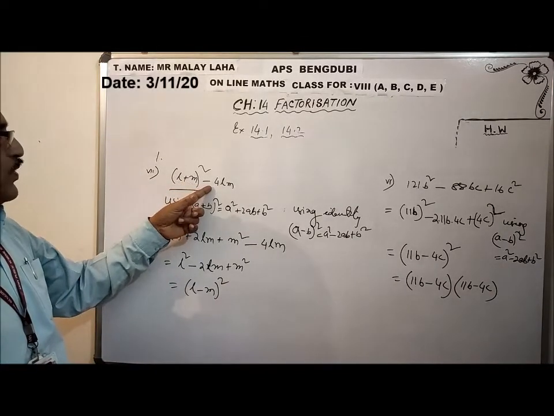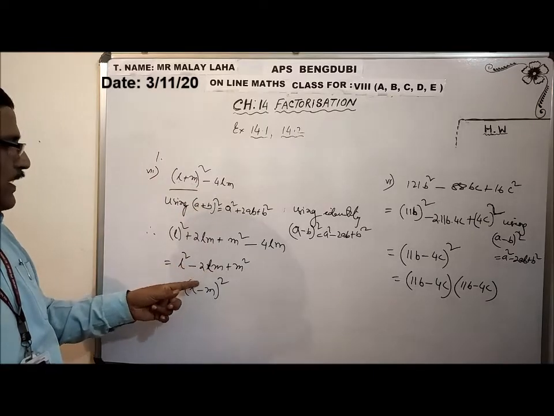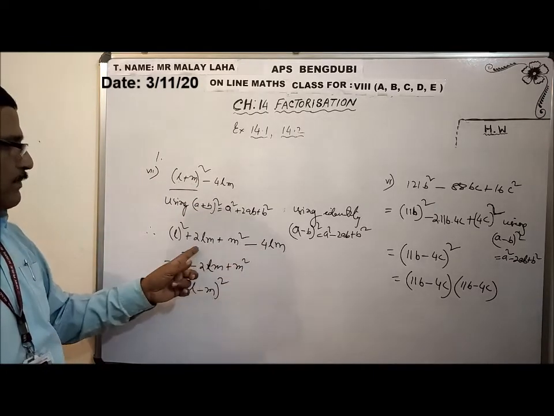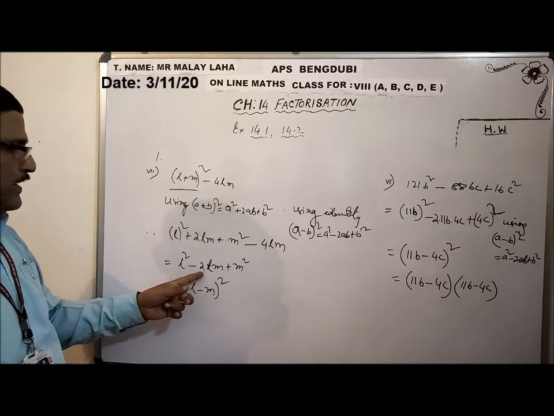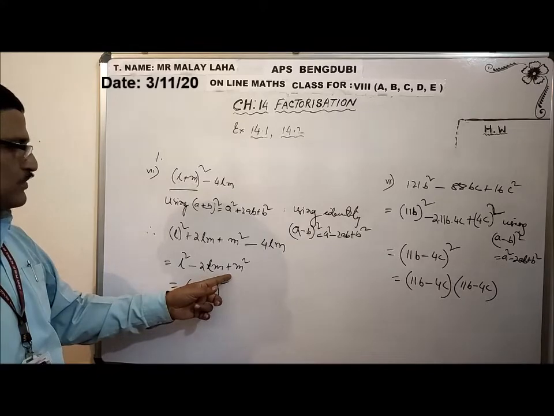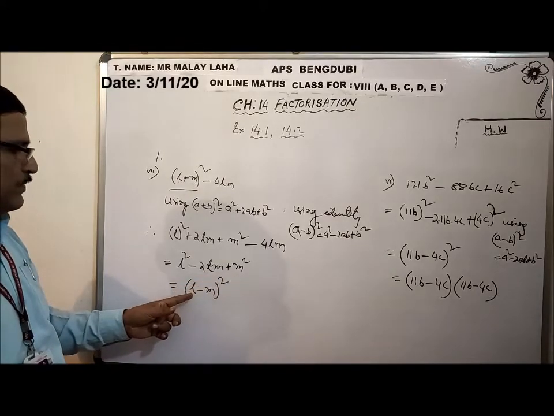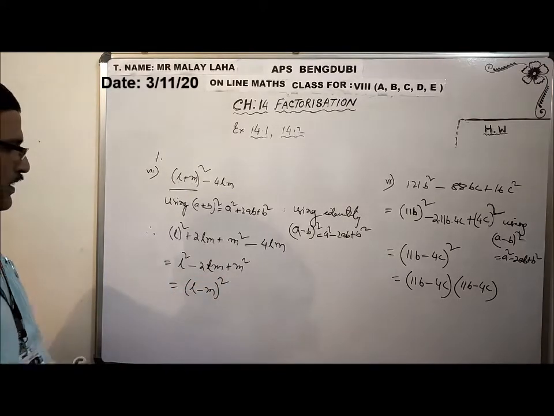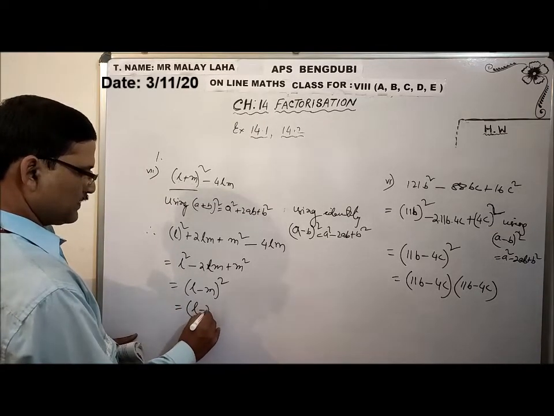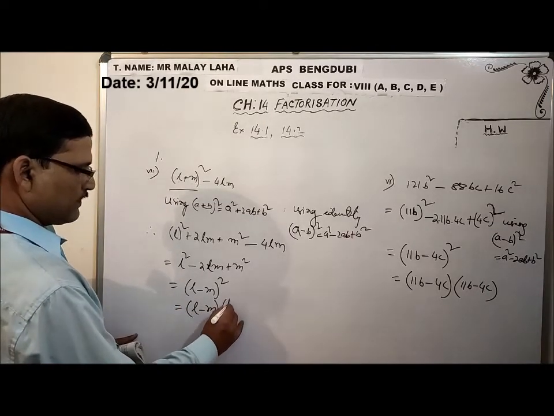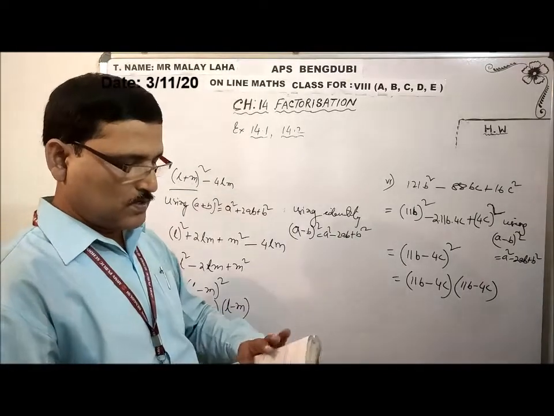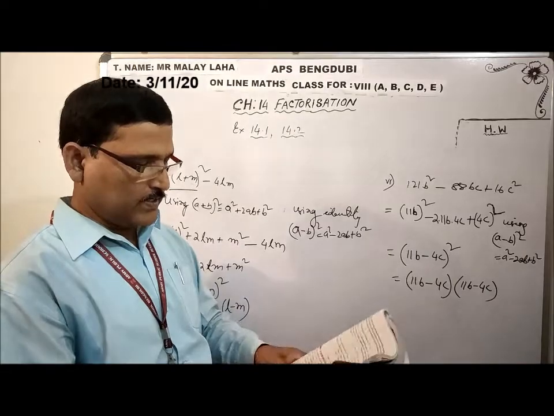After subtracting 4lm, it converts into a minus b whole square. So plus 2lm minus 4lm, plus minus minus, so minus 2lm is left. l square minus 2lm plus m square is the identity of l minus m whole square. So l minus m whole square means l minus m, l minus m. Understood? So you have to write down finally in their product form.